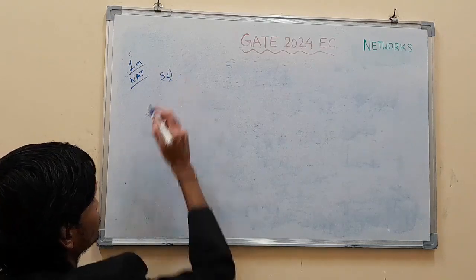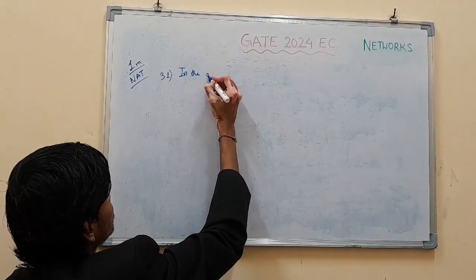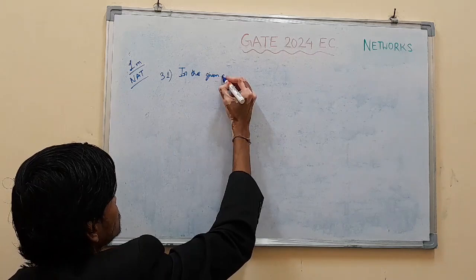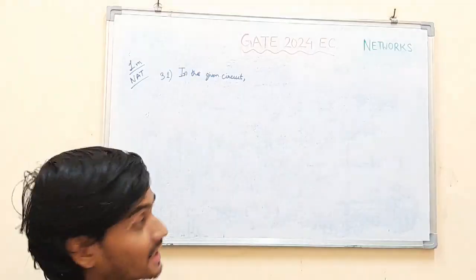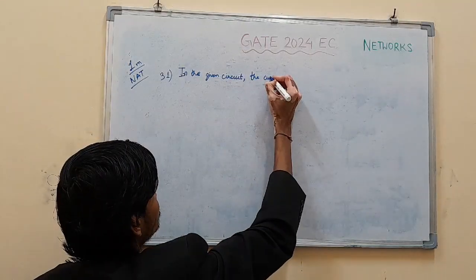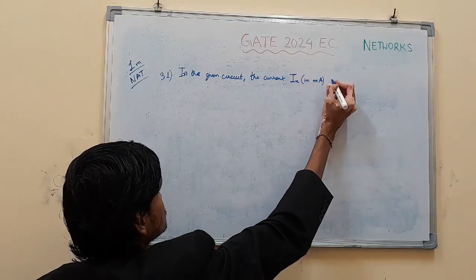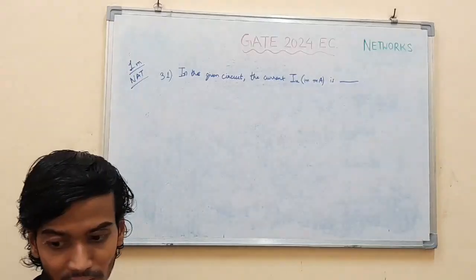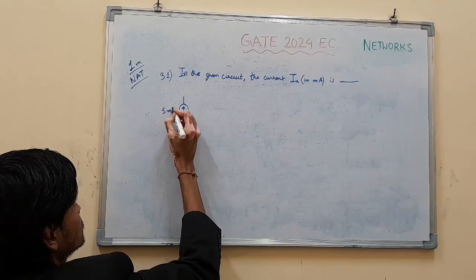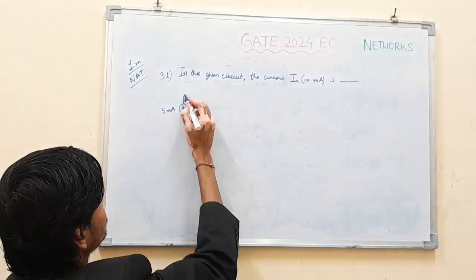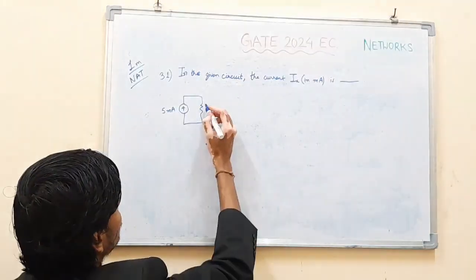It is given that in the given circuit, find the current Ix in milliampere. The circuit is given something like this: a 1 milliampere source, and a 1 kilo ohm resistor is there.